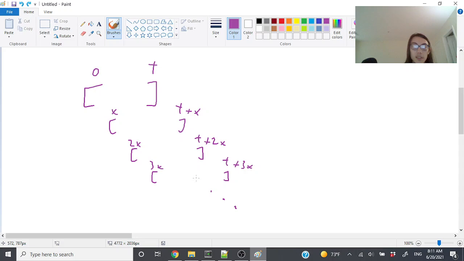And suppose I actually drew out another interval, 4x to t plus 4x. Actually, it's not how many intervals do they intersect, it's how many intervals does this point intersect.